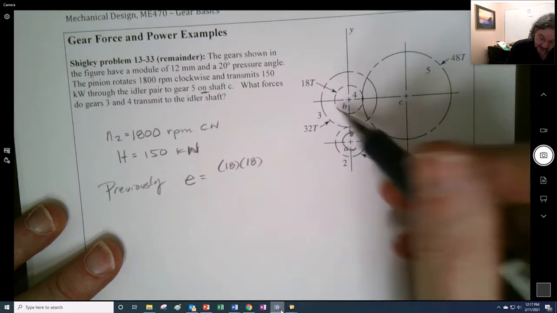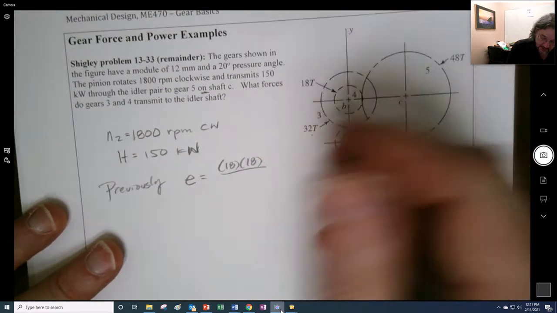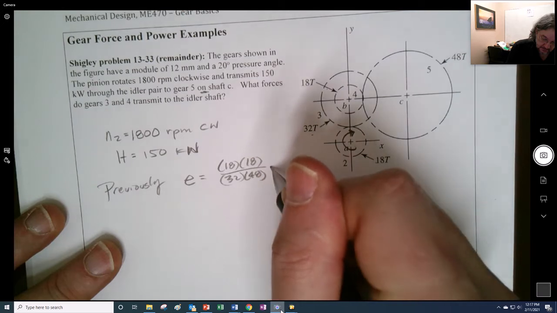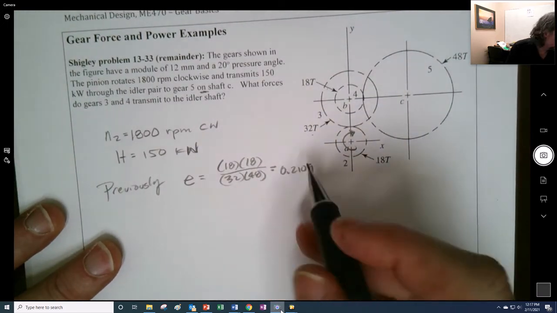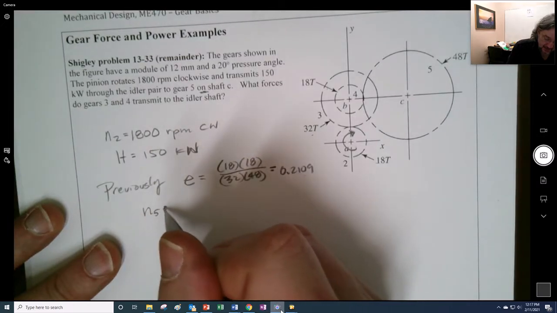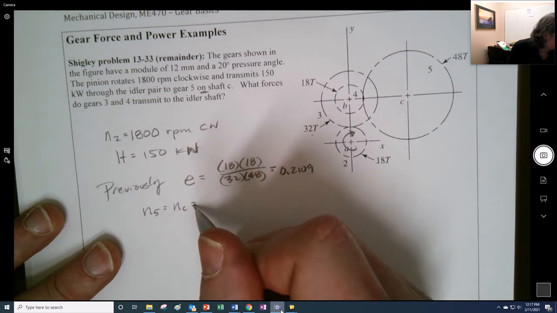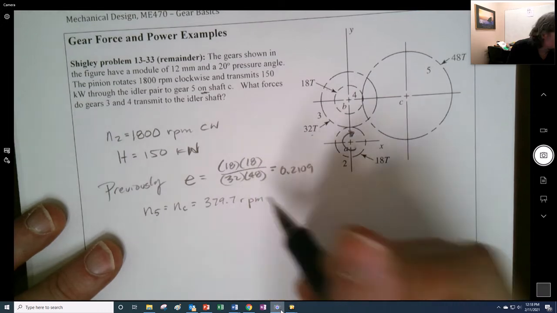They're both drivers, driven at 32 and 48. So we got 0.2109 as the gear ratio, and that allowed us to find out that the output gear, aka the output shaft as well, was going to be 379.7 RPM.